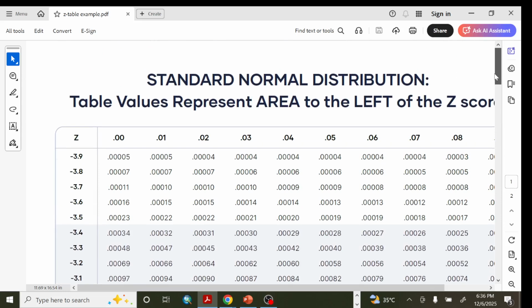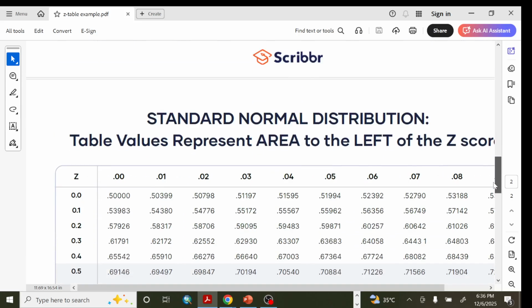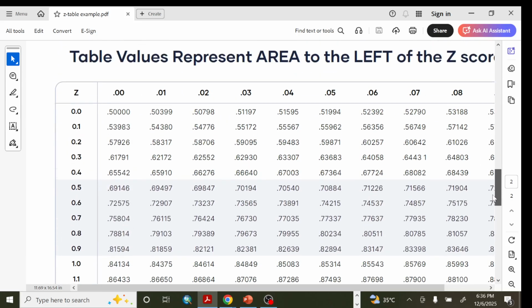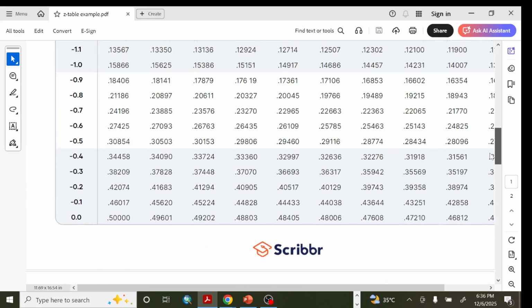The negative scores mean that the value is below the mean, which is 0. So anything below 0 is negative, and those which are positive mean that they're above the mean. They're above 0, which is the mean for the standard normal distribution.